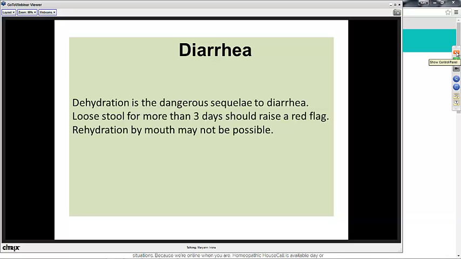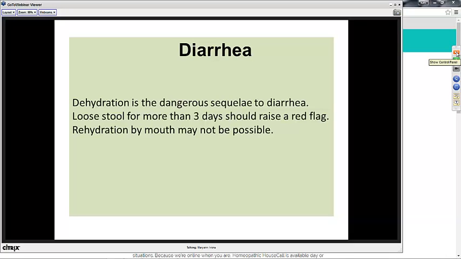And when you're losing fluid, you get dehydrated. And dehydration is the enemy. If it goes on for more than 3 or 4 days, depending on who you are, you might not be able to rehydrate by oral means. You may have to have an IV to rehydrate you.